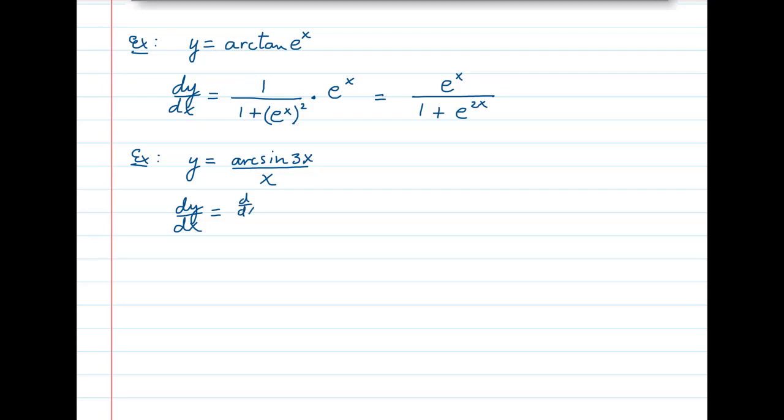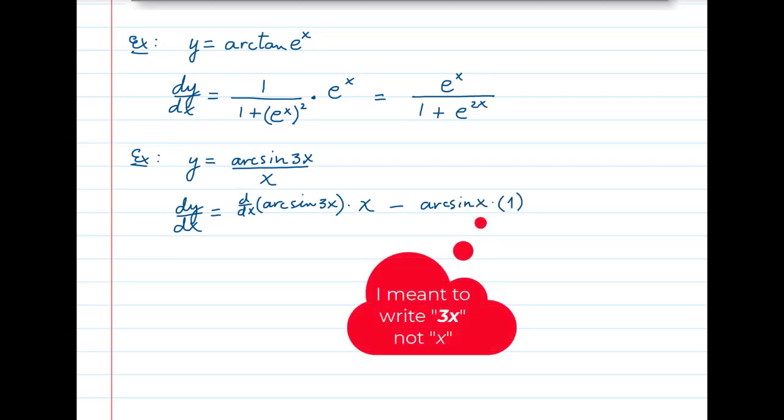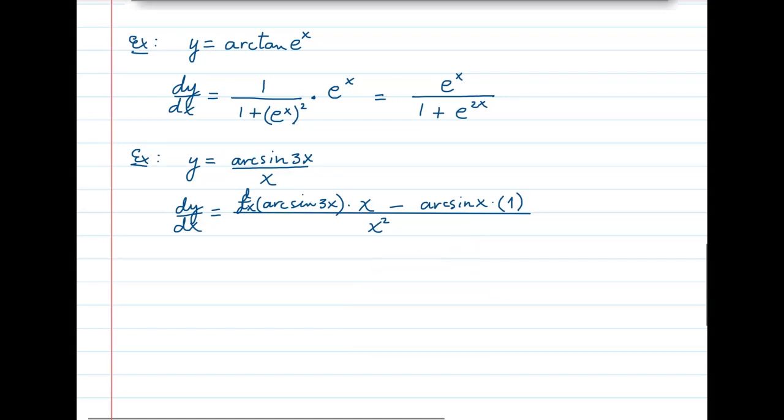If you recall your quotient rule, you're going to take the derivative of the numerator, which is arc sine of 3x, times the denominator, which is just x, minus the numerator, arc sine of 3x, times the derivative of the denominator. And that arc sine should have been 3x, guys. There's a small typo there.